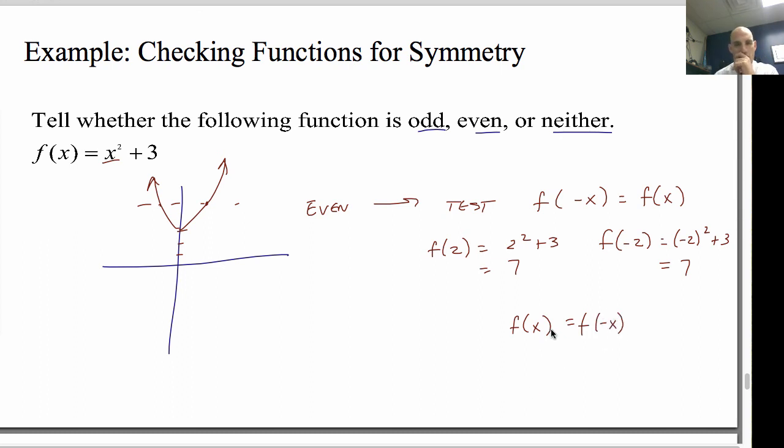Okay, so in general, it would look like this. F of x equals x squared plus 3, and f of negative x, so this is me testing a value, and now I'm going to test in general, is equal to negative x squared plus 3, which is x squared plus 3. Okay, so if you're trying to figure out if it's even or odd, you have to look back to those rules. Is f of negative x equal to f of x? Okay.